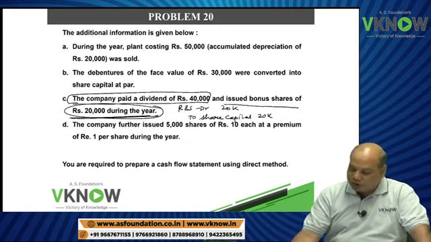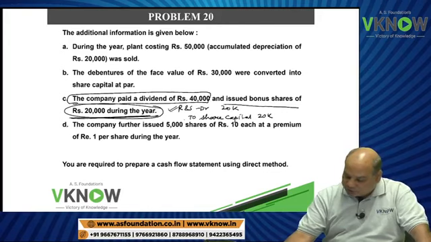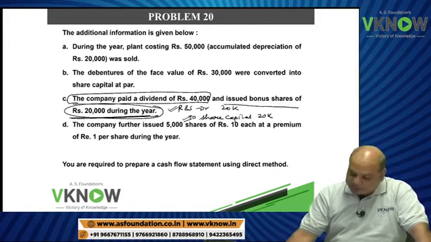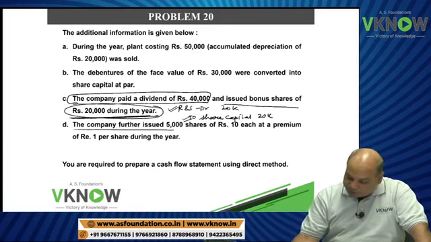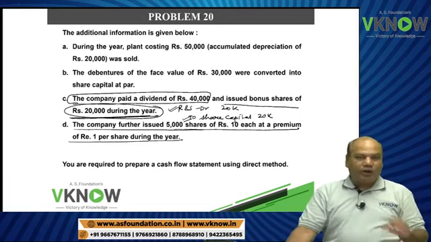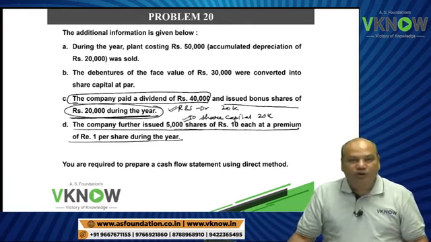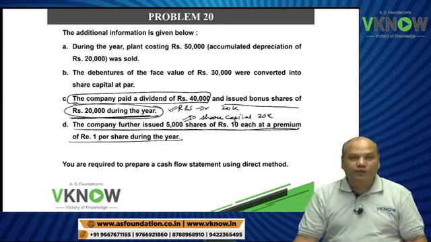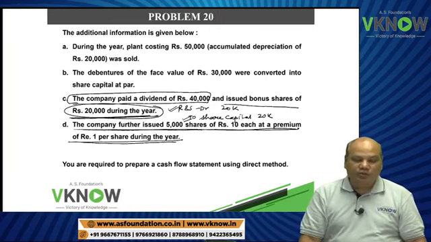So again tick mark reserve and surplus and share capital. Next line, company further issued 5,000 shares of rupees 10 each at a premium of rupees 1 per share.